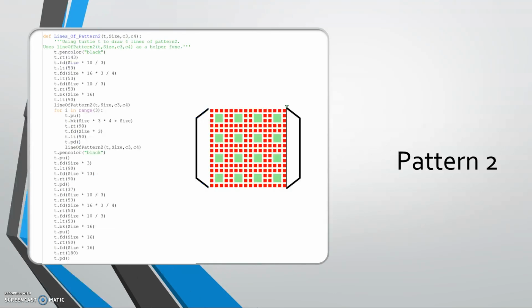So that's my process of how I draw the pattern 2.